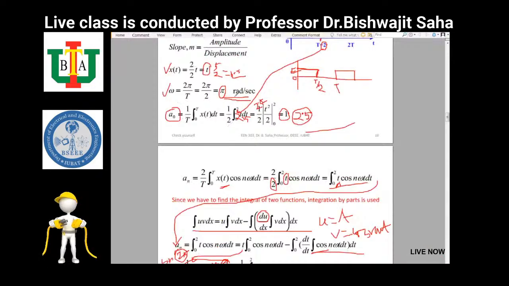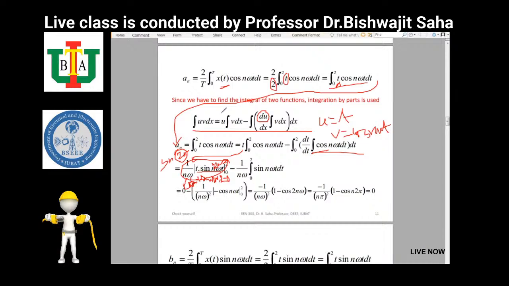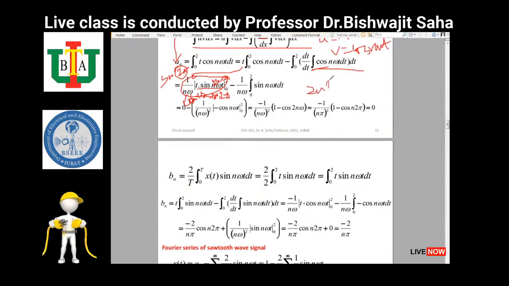So sine 2 pi is 0. Everybody knows it? Yes, sir. Sine twice pi equals 0. It is constant always. So the first term becomes 0, that's why here is 0. Okay?